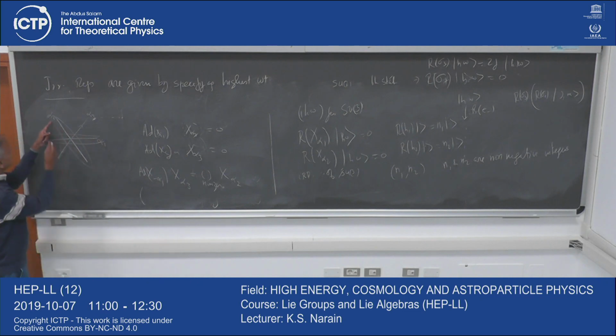And that is it. Now if I apply further x minus alpha 1, then I have to add these two vectors, then I come somewhere here, and that doesn't exist. So with respect to this SU2, this forms a doublet, spin half.